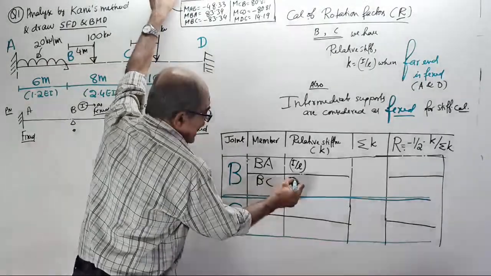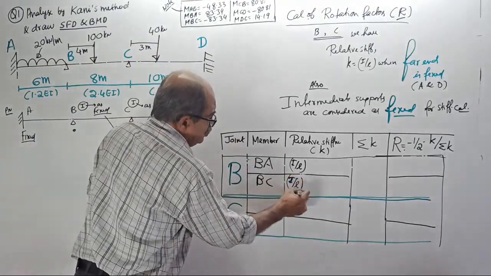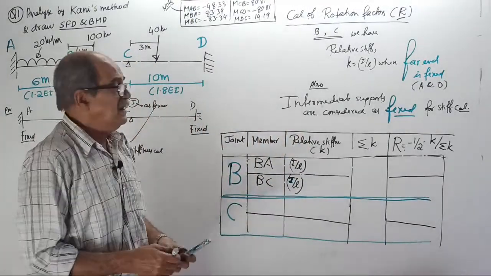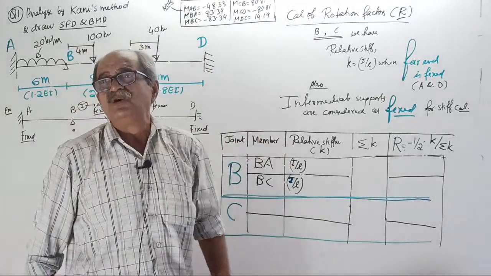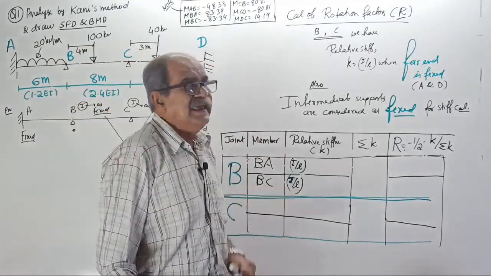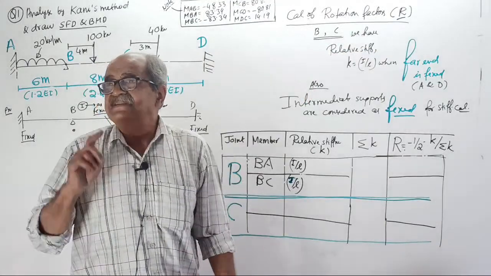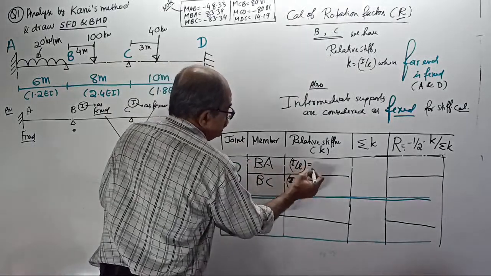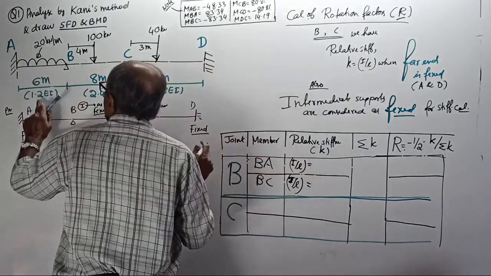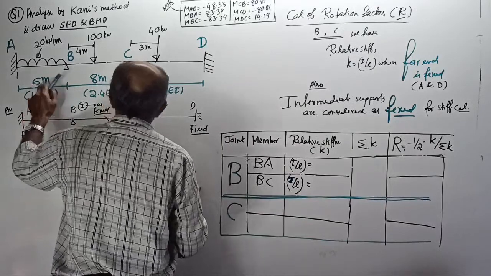Therefore, that also equals I by L. Write the reason. This is I by L because far end is absolutely fixed. This is I by L because far end is an intermediate support considered as fixed. Equal to I by L, 1.2I, E is common, 1.2I by 6.